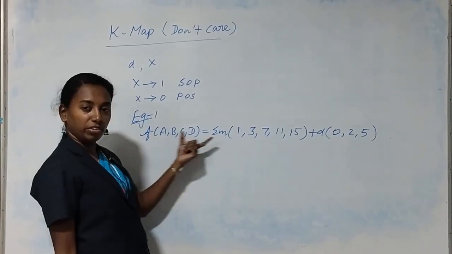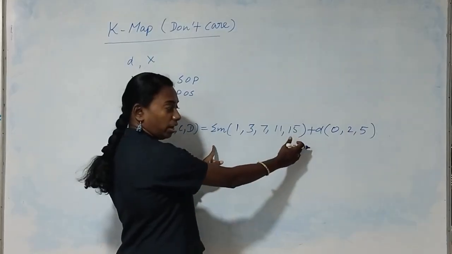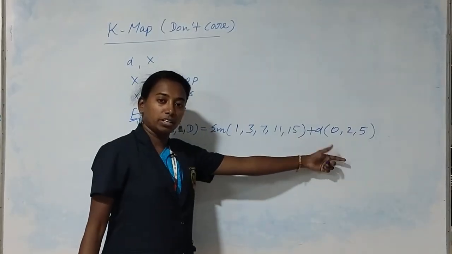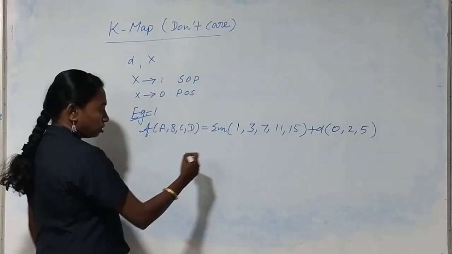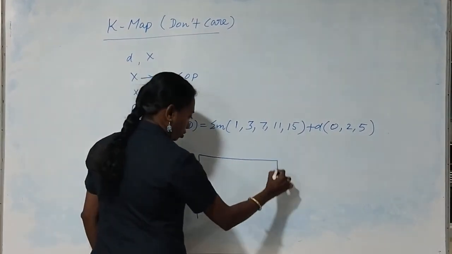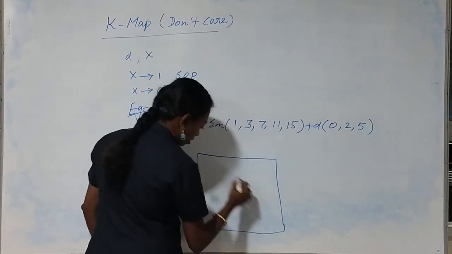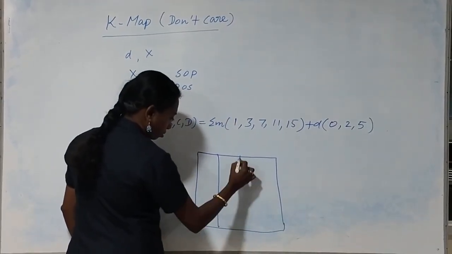As in your normal K map, you have to put 16 combinations since this is a 4-bit variable, and we do the K map normal method till this. So let's put a K map first. This is a 4-variable K map, so we should have 16 combinations.